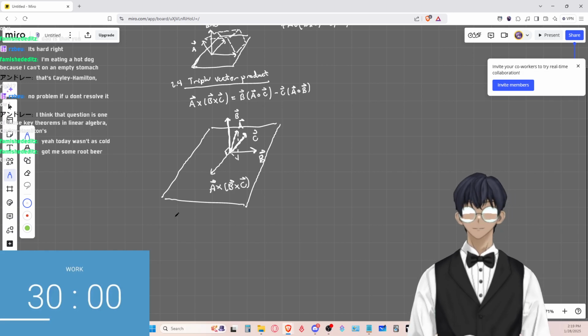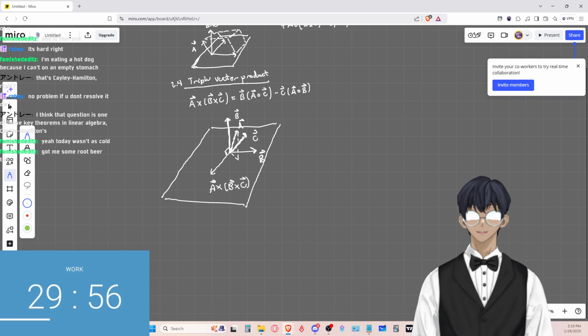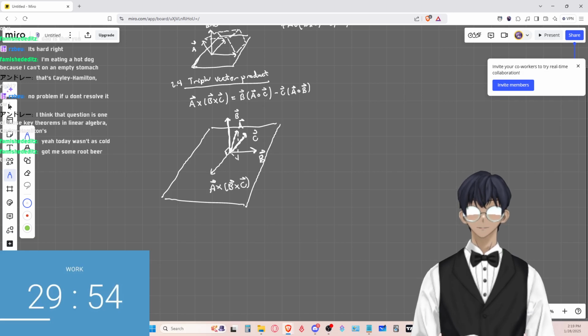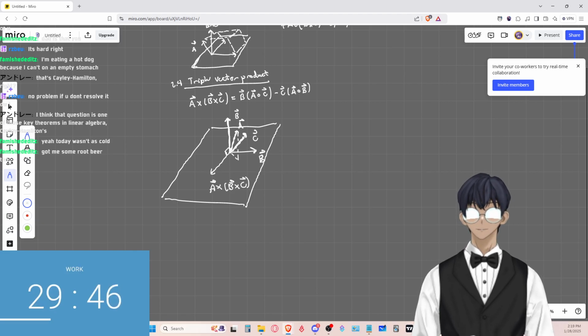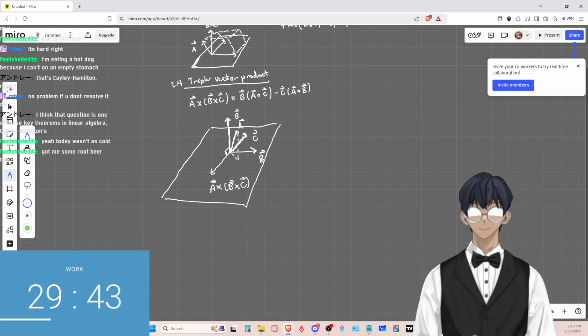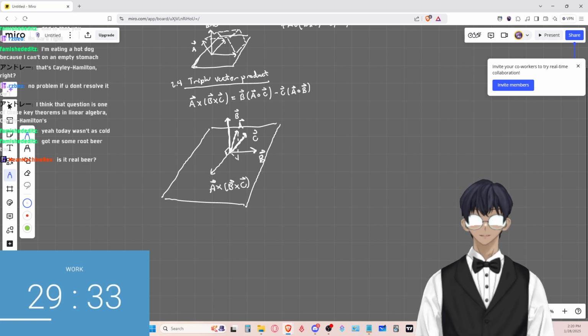Okay, so the way the book describes this, because I have the geometric visual, it's just that I'm trying to better understand what it means. In the book it says, in this figure you can see the vector B cross product C points straight up, perpendicular to the plane containing vectors B and C, right?